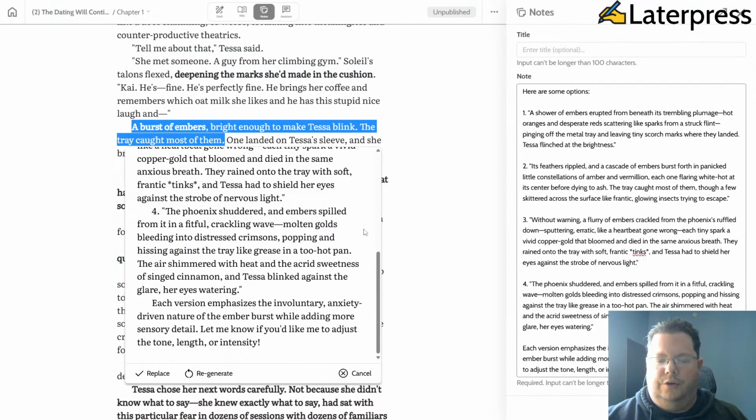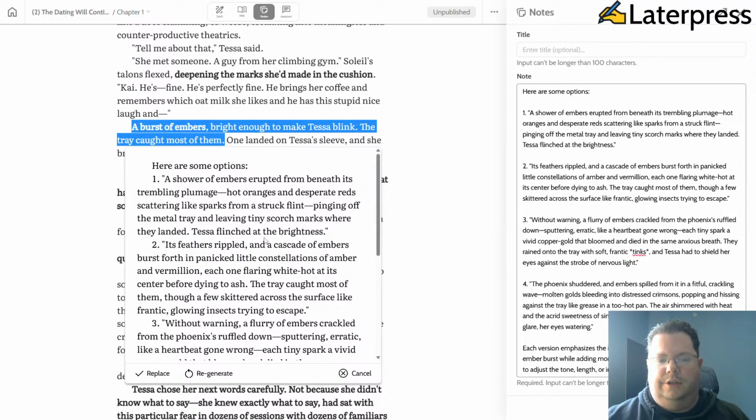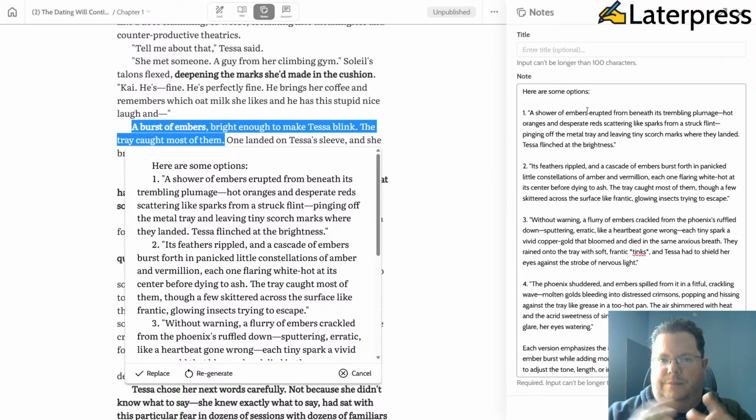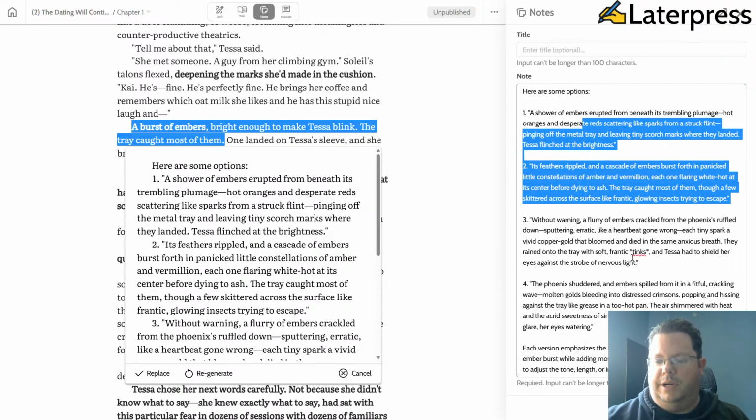Because now if I click cancel here, all of this text is going to go away, which is why I copied and pasted it into a note. One thing that could be done if you're in a situation like this, where the AI is offering multiple suggestions, is to copy this into notes to have a side workspace. I could take a sentence from here and a sentence from here and use this space to kit bash, smash together what I like of each of these options into one paragraph.